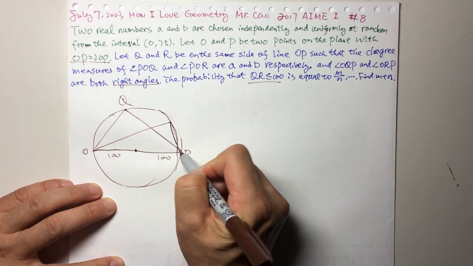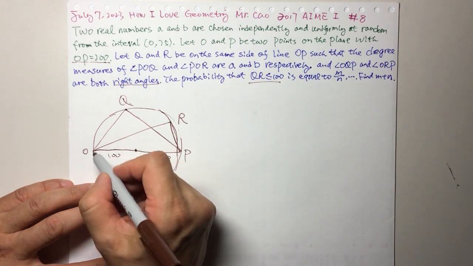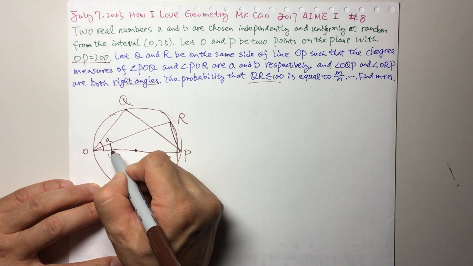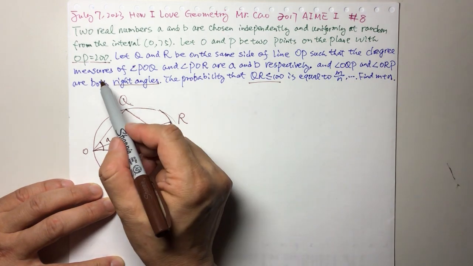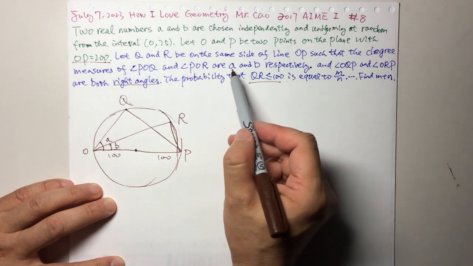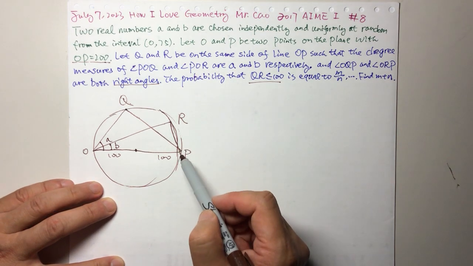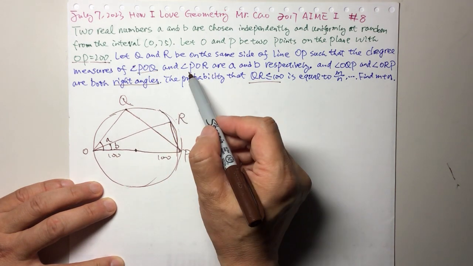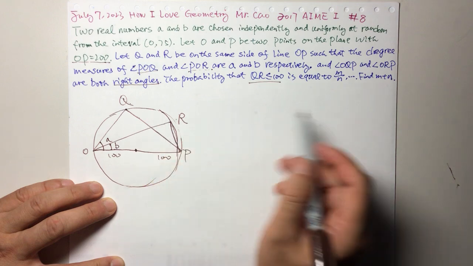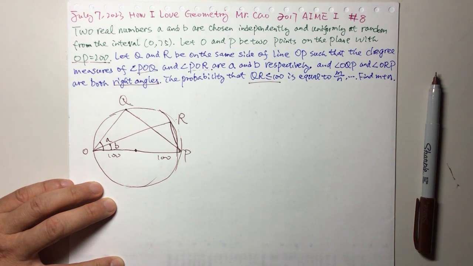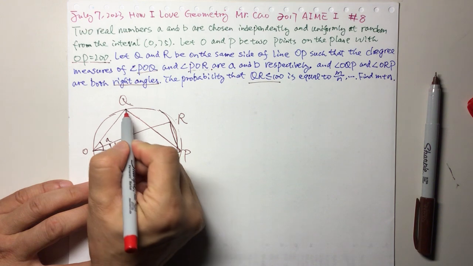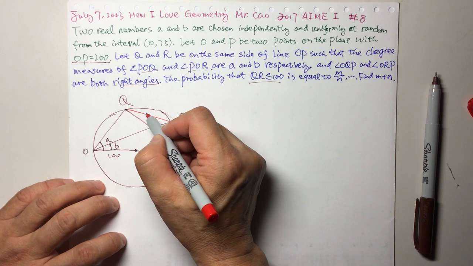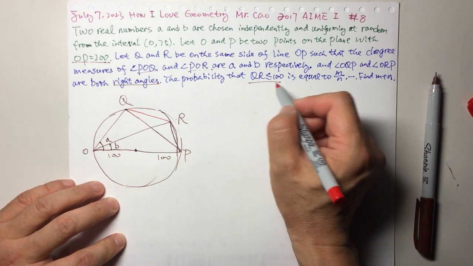So this angle is a, and this angle is b, right? POQ is a, POR is b. And we connect QR, right? This chord. And we want this to be less than or equal to 100.